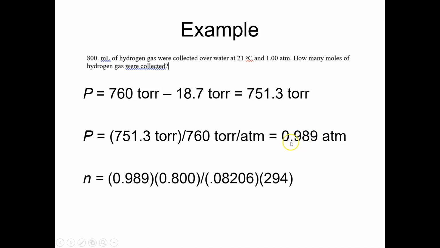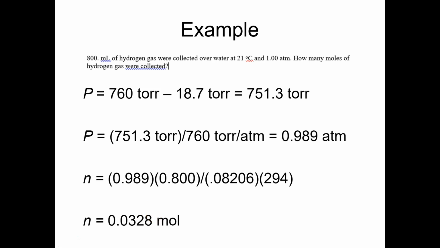Now we plug that into the same equation, but instead of this being a 1, which is the total pressure, including both hydrogen and water, we use 0.989, which is just the partial pressure due to hydrogen. And that gives us a slightly different answer. Instead of 0.0331 moles, it's 0.0328 moles.